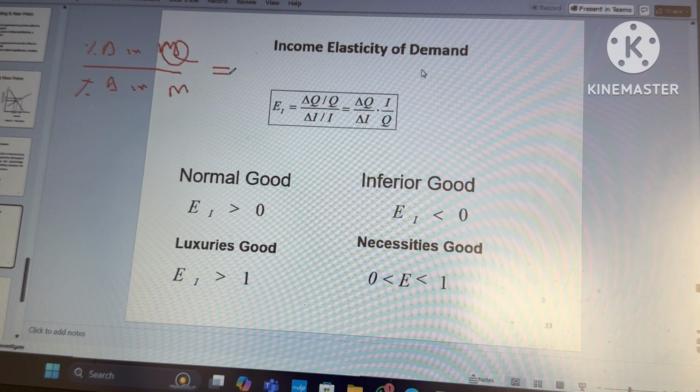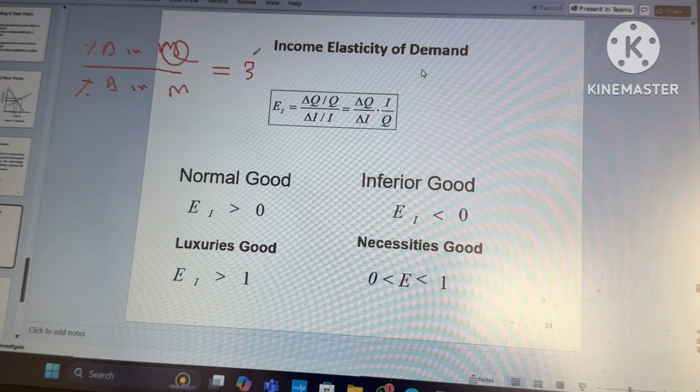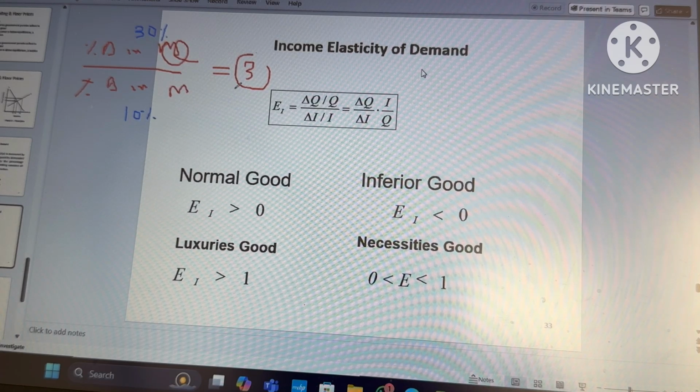If this one is, say, 3, I asked, what does it mean? To get 3 here, I asked you to put any two numbers for these two places. If you put 30% for the numerator and 10% for the denominator, you will get 3 as the answer.